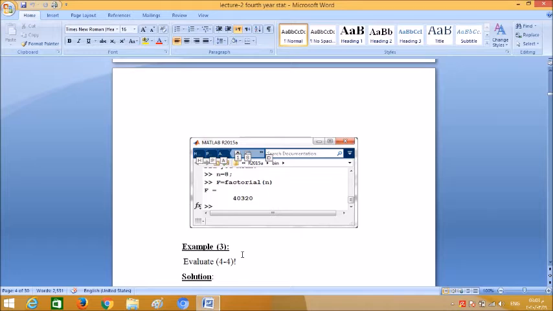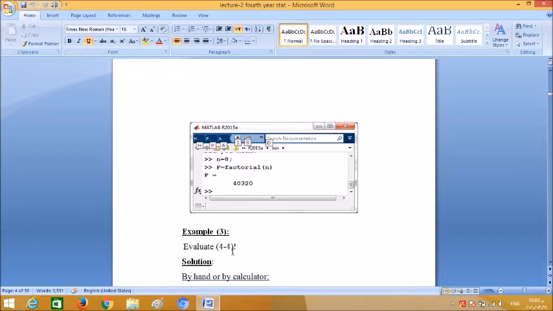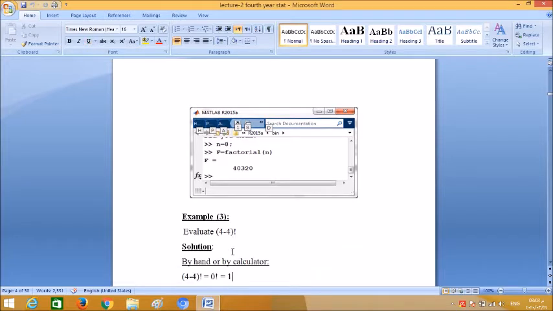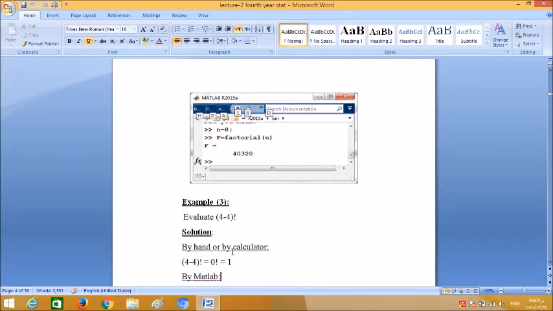Example 3. Evaluate (4 minus 4) factorial. 4 minus 4 equals 0. So we want to get factorial 0 or 0 factorial. We know by definition that 0 factorial equals 1. By hand or by calculator, (4 minus 4) factorial equals 0 factorial equals 1.